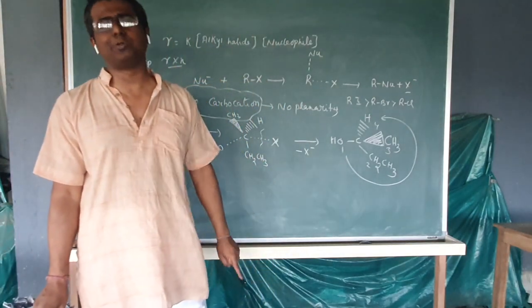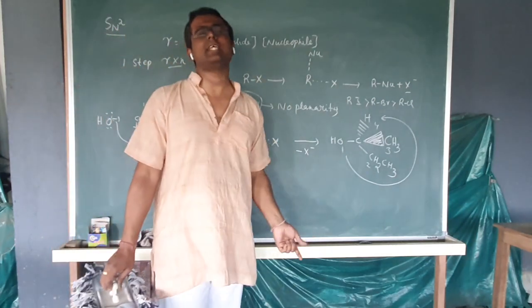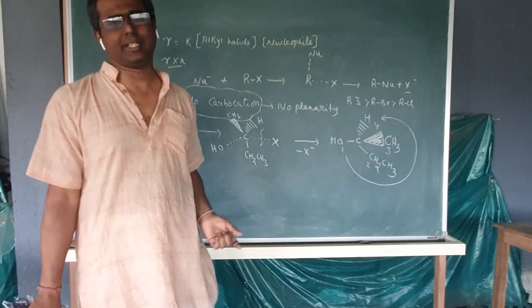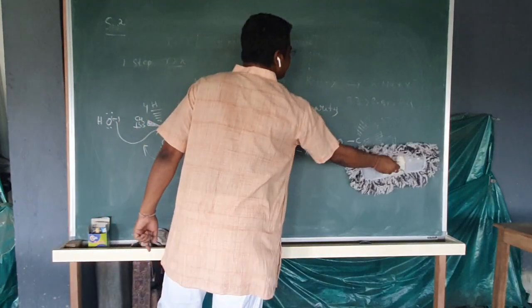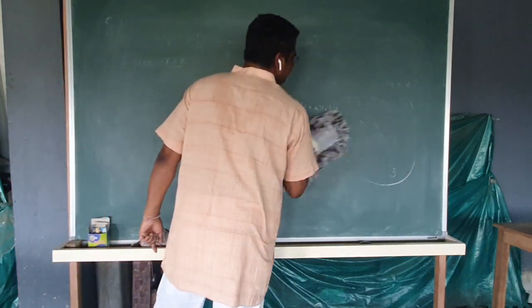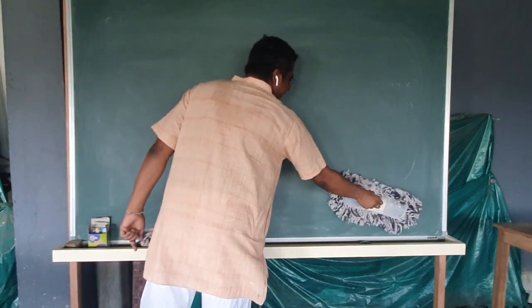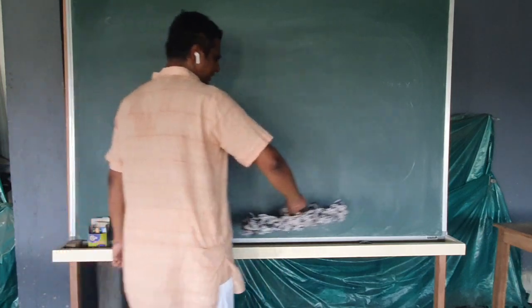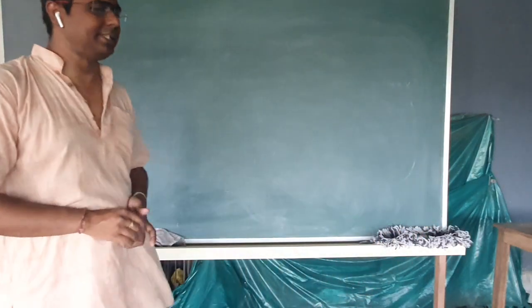In case of SN2, no racemic mixture, only the configuration inverts, okay, inversion takes place. I have also given you something on inversion and retention. You should go through that also, so that you can get a fair idea of what is going on in this reaction, and you can understand why those things are given to make it easy for you.